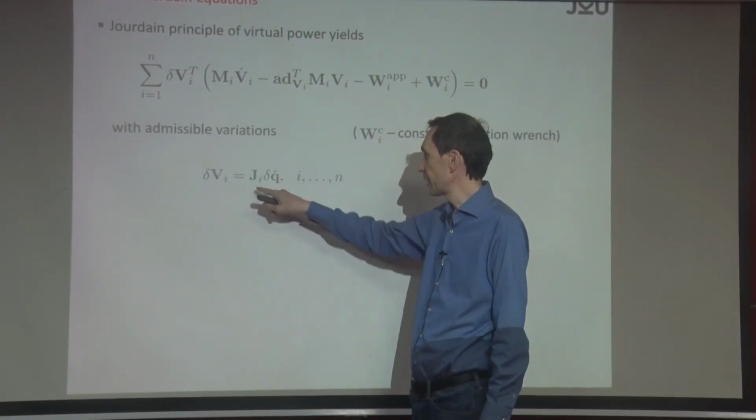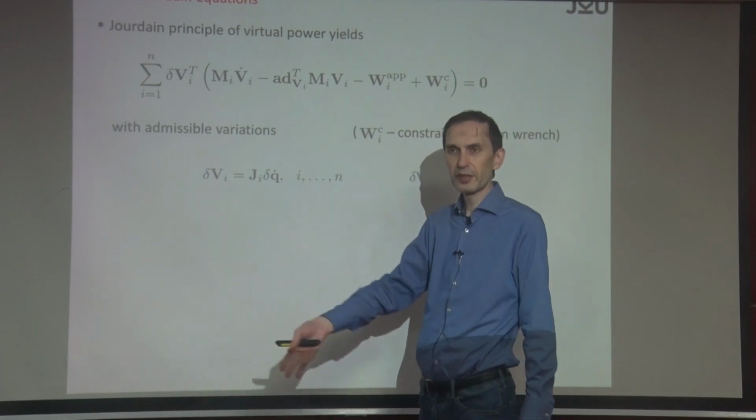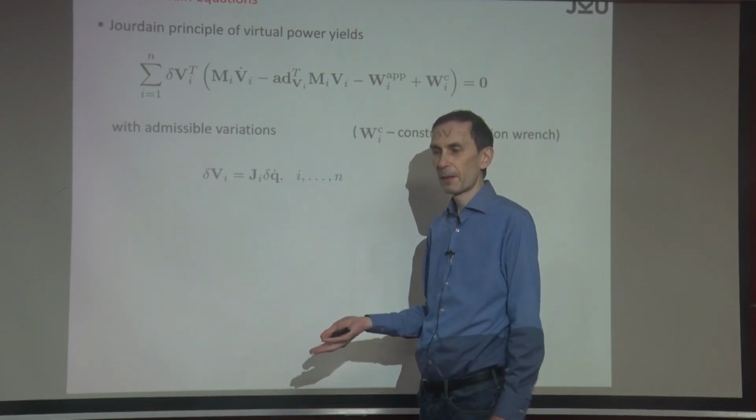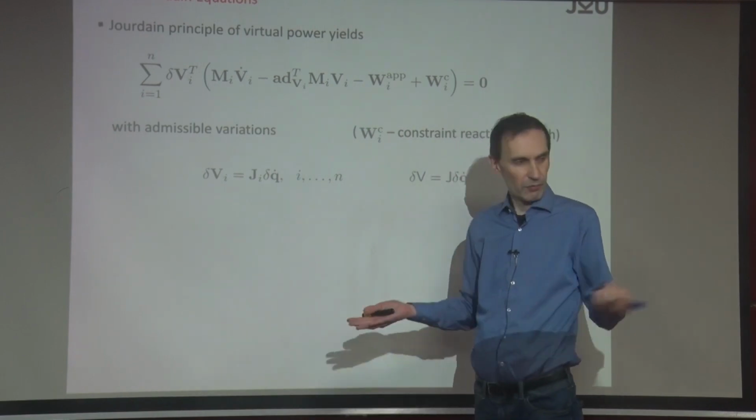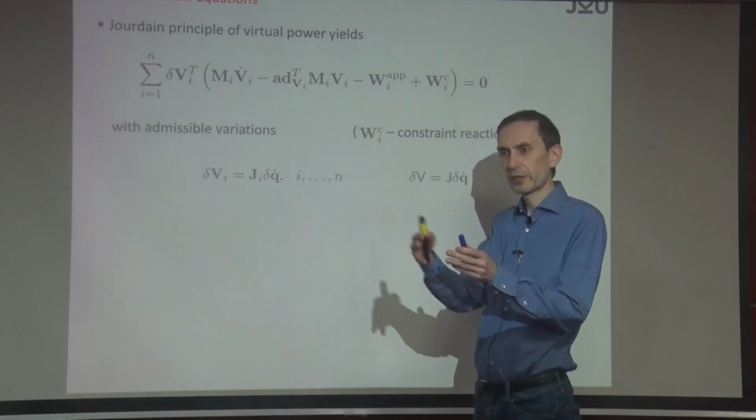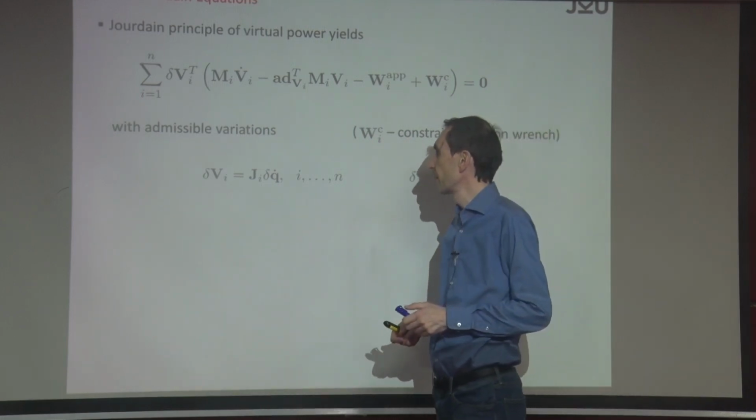The Jacobian of body i times q dot gives you the velocity, the twist of the body. And by definition, this is the twist that is possible, right? And it's as it is. It's according to the open kinematic chain, it does what it's allowed to do.